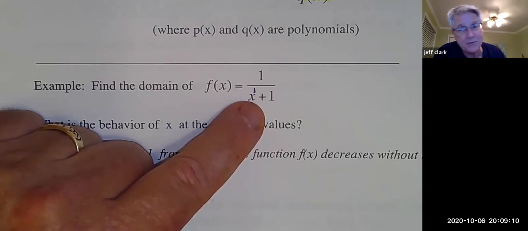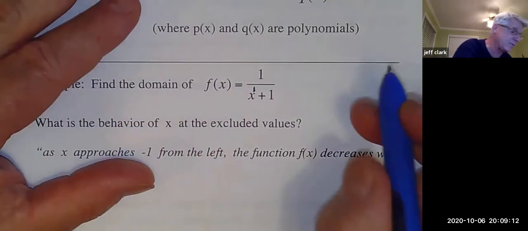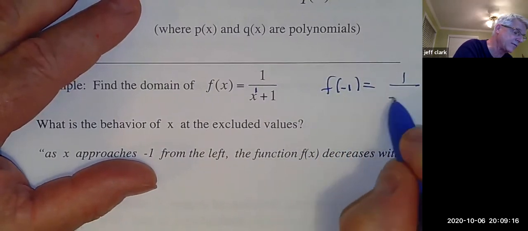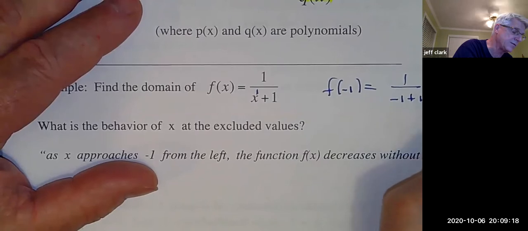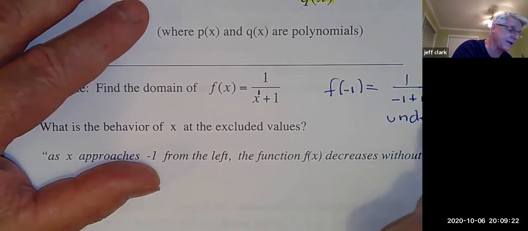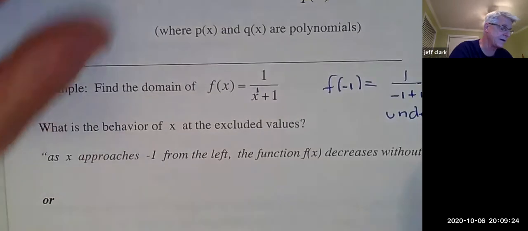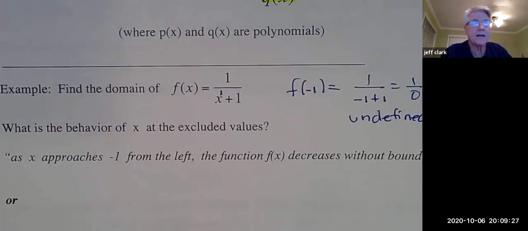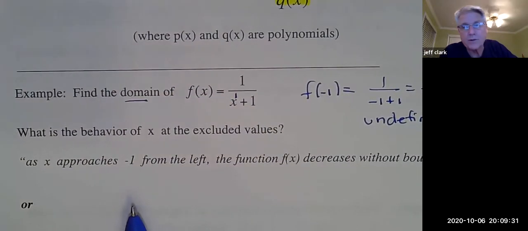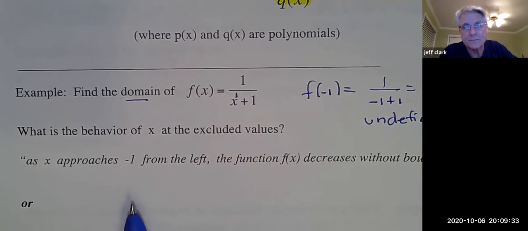So if I asked, what's f of -1? You would say 1 over -1 plus 1 equals 1 over 0, and that's undefined. You can't use that. So when it asks you to find the domain, it's all real numbers except that number -1.